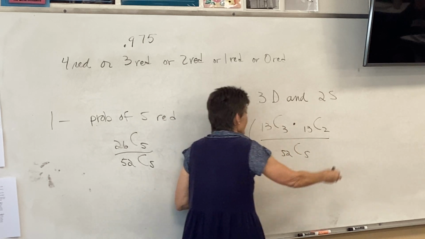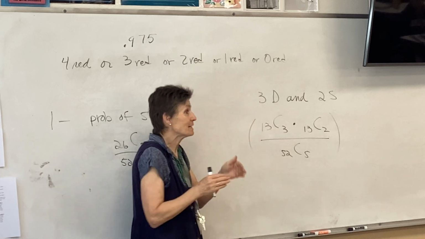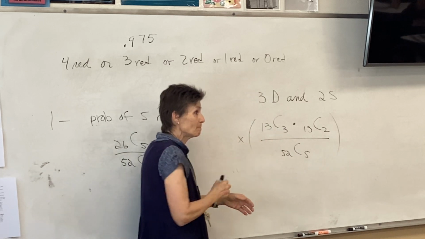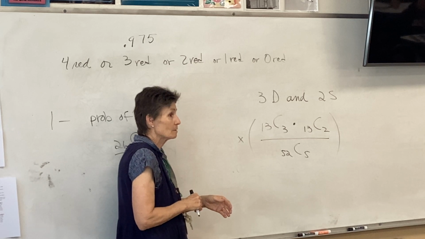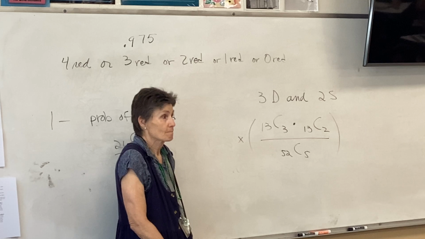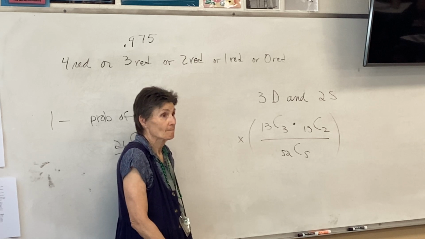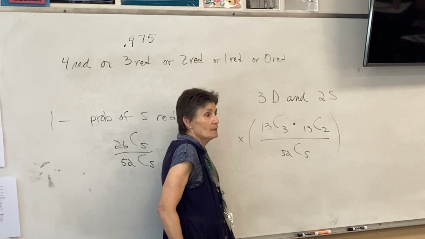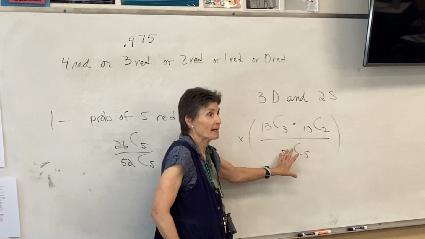So if I could figure out how many of those setups there are, I would just multiply by that many. How many suits are there? 4. How many are you picking for each setup? 2.